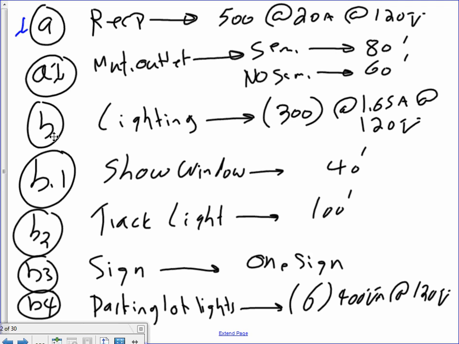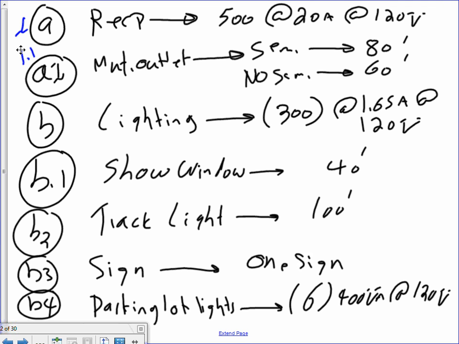Okay, so I do have 500 receptacles at 20 amp and running at 120. They're all 20 amps at 120. Then I have a multi-outlet assembly. Can you guys see the multi-outlet assembly? The multi-outlet assembly will be 1.1 in your Excel sheet.